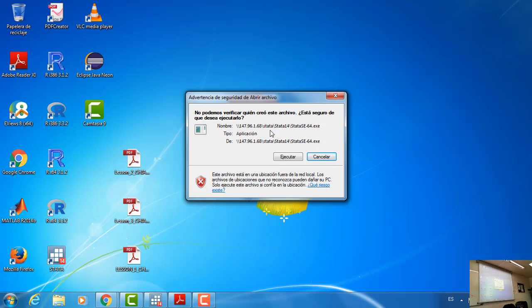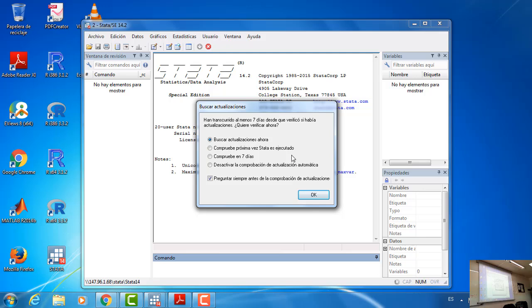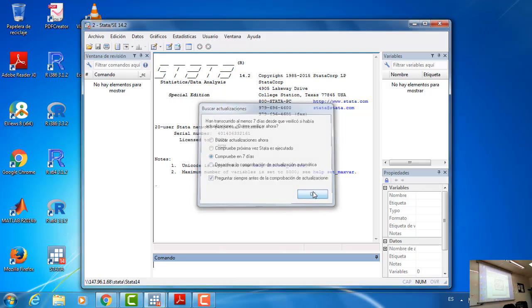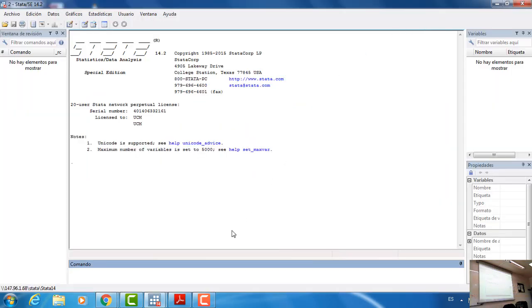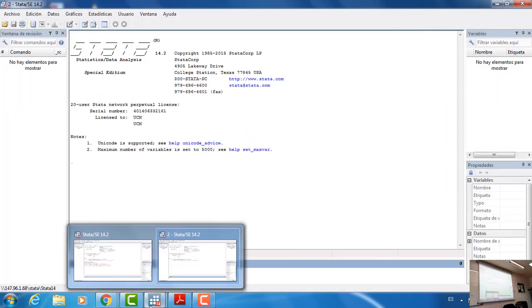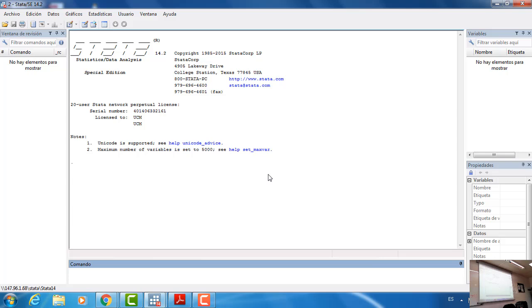Now the thing is that Stata 14 is used in many places of the university. It's not an economics type of software. It's used in math, biology, chemistry, and many other places. And that is why they probably pushed for that. It is a very good software.